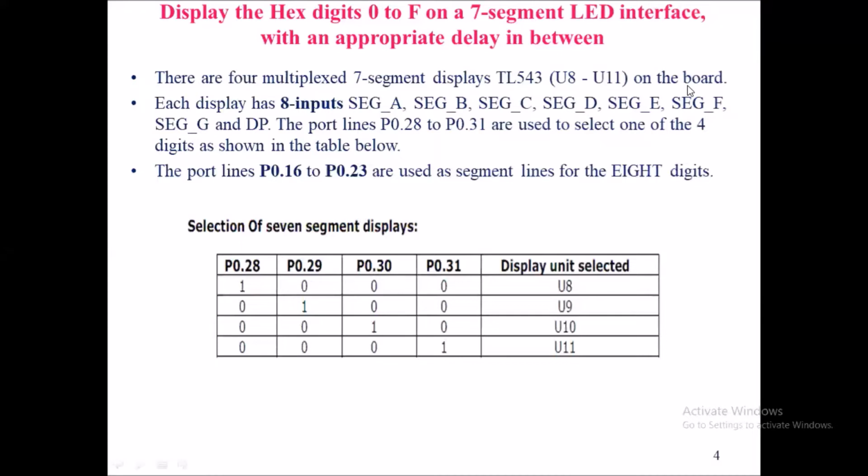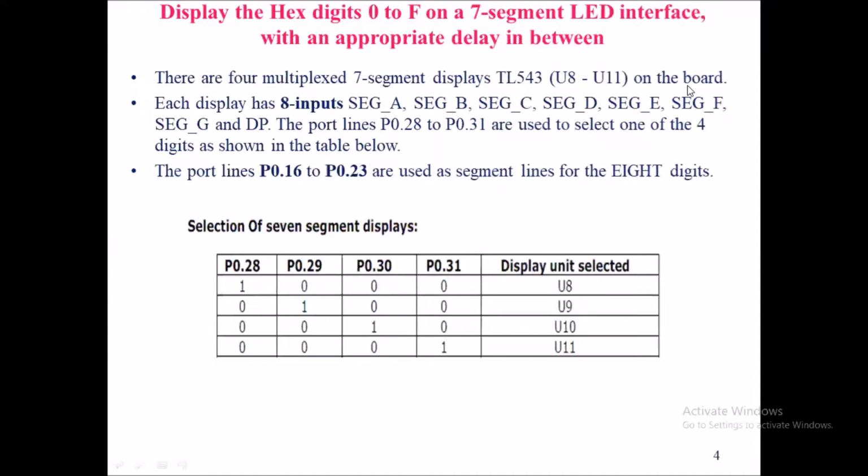Here again we have port lines which are associated with each and every unit in the microcontroller. Based on those port lines only, we can use the 7-segment display. The port lines range from port 0 28th pin to port 0 31st pin, which means, as I told, there are 4 LED segments in the LPC2148 microcontroller.